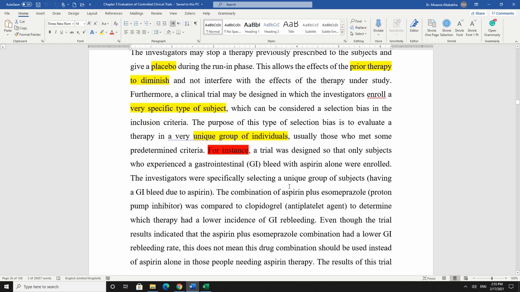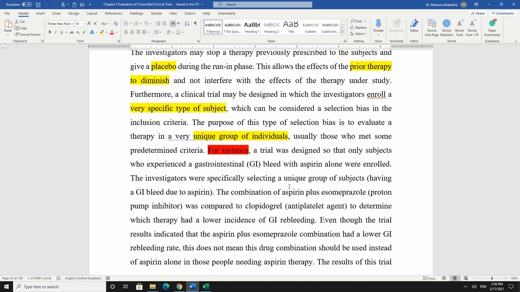Now, aspirin is prescribed for some patients, and because it's a blood thinner, it will prevent blood clotting. Now, so you wanted patients who are taking aspirin. This is in your inclusion criteria.